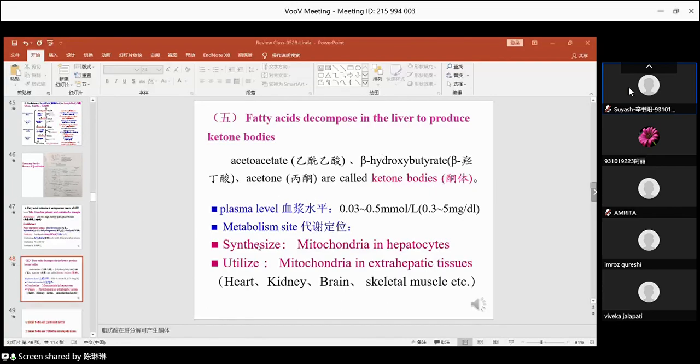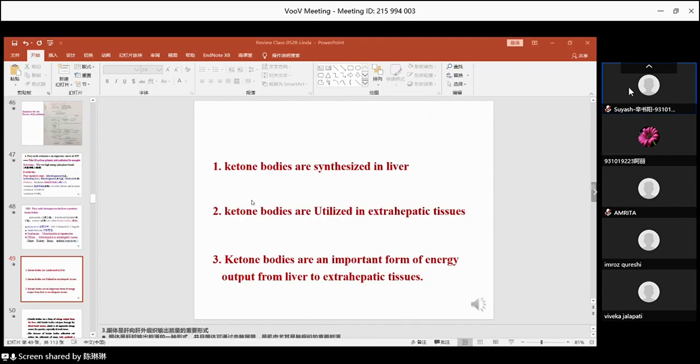You should remember that they are synthesized in the mitochondria of hepatocytes, and can be utilized in the mitochondria of extrahepatic tissues. You should remember the difference between the synthesis location and the utilization location very clearly.